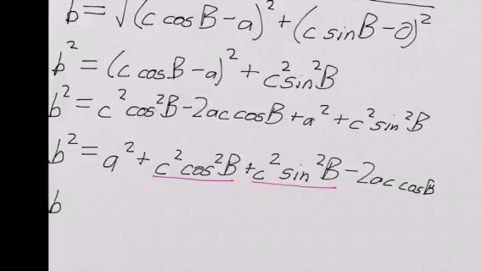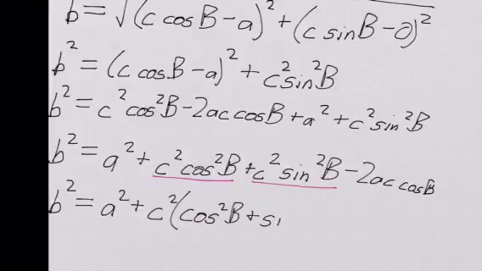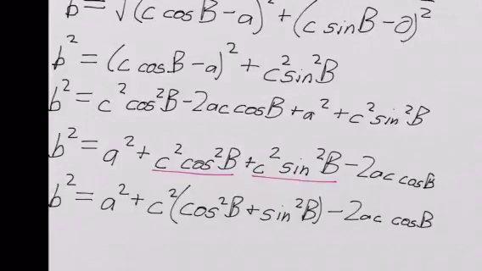So we get b squared is equal to a squared plus c squared multiplied by the quantity cosine squared B plus sine squared B, minus 2ac cosine B. Now the reason for that clever factoring is we know cosine squared B plus sine squared B is equal to 1.